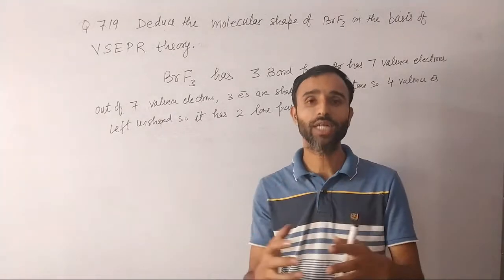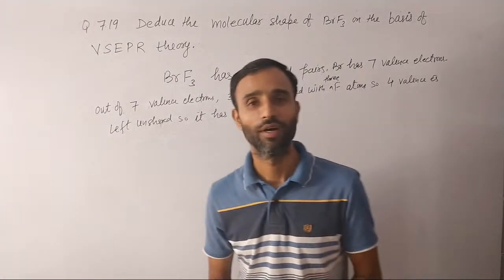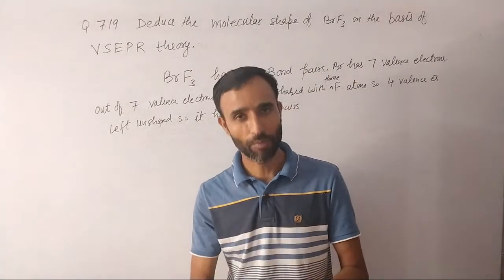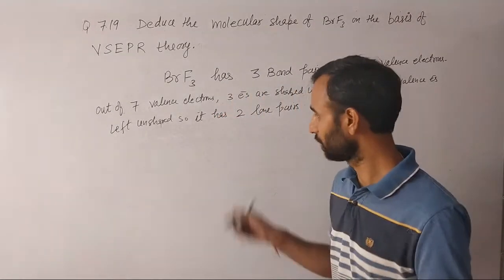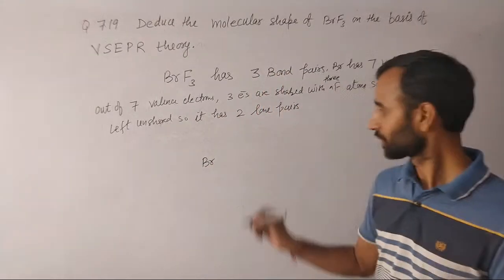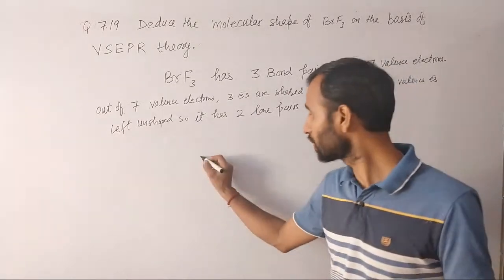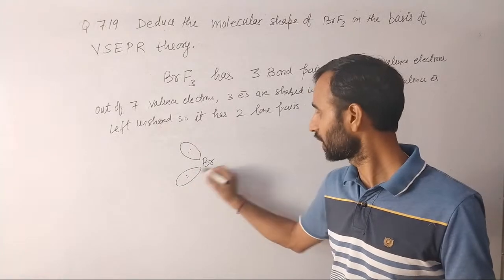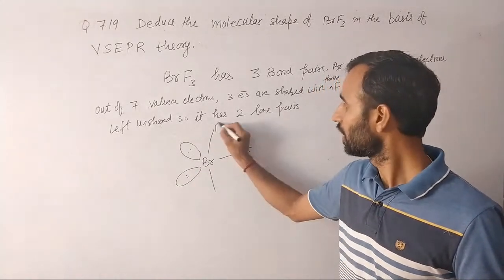So 5 electron pairs are arranged in trigonal bipyramidal geometry. So see, there are 2 lone pairs. Lone pairs are always on equatorial positions, and fluorine bond pairs are on axial.